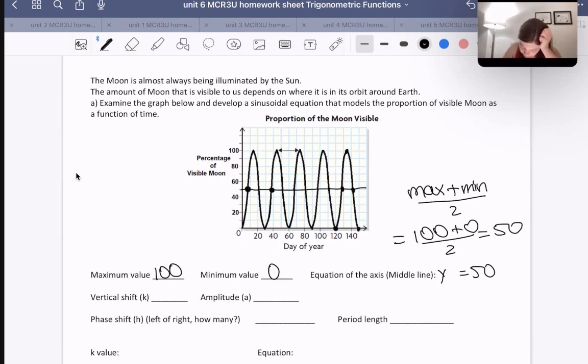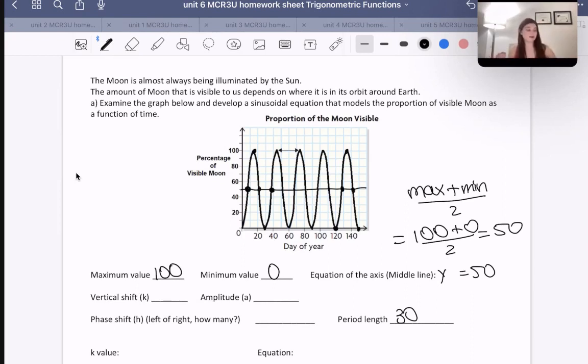So we start at 120, we end at 150. So the entire period length would be 30 days of the year. If we divide that by 4, we can find out how many are in each step, because we go here and then 1, 2, 3, 4 till we get back to the beginning.